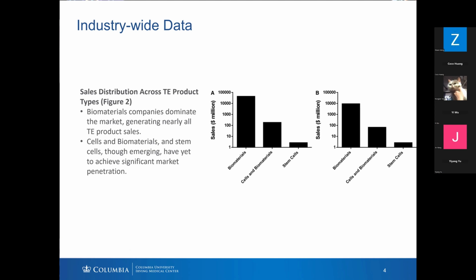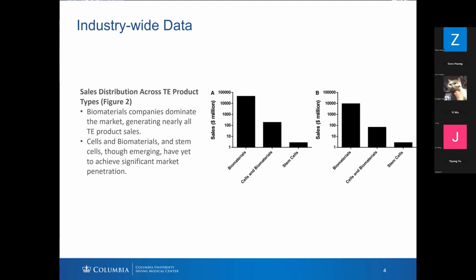Companies that incorporate cells, so whether they are autologous, allogenic, or xenogenic, into a biomaterial for tissue engineering applications, were classified as a cells and biomaterials company. And for those companies that use altered or unaltered stem cells alone, the classification of stem cells.